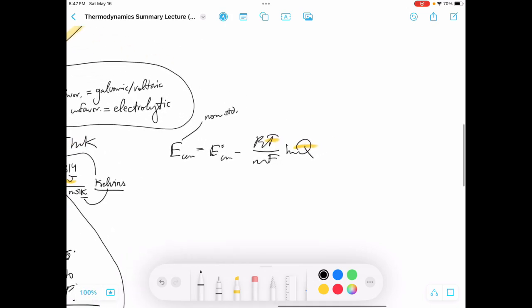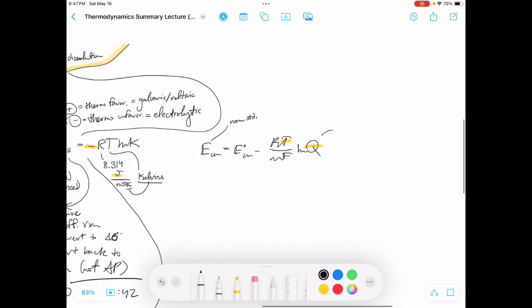It's helpful to think about this in the equation form. So your Q, if you remember, for your generic reaction, you got, oh my god, that's horrible, the concentration of C to the c times the concentration of D to the d over A to the a times B to the b for your Q.